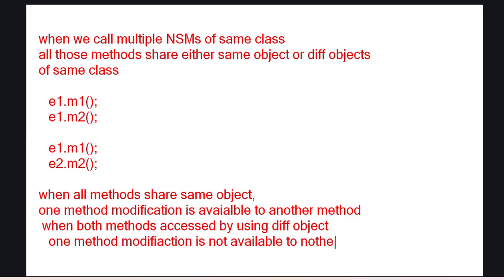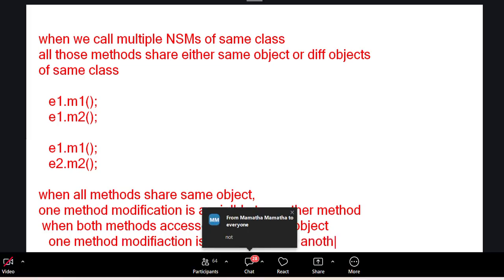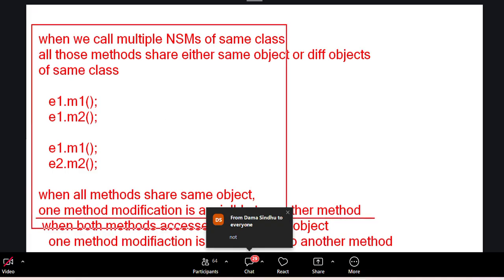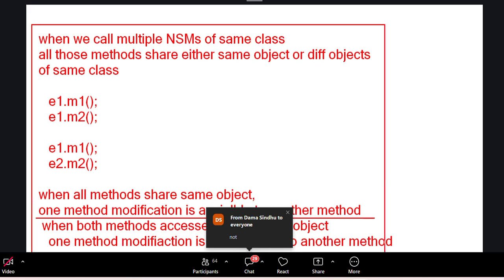It is not available to another method. Clear? So this is the point from the last class, the last program I explained. If you remember all these points, then Java is, after all, very easy.